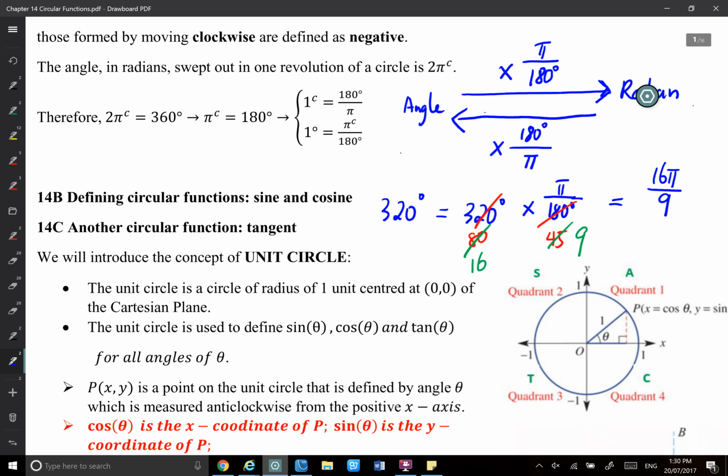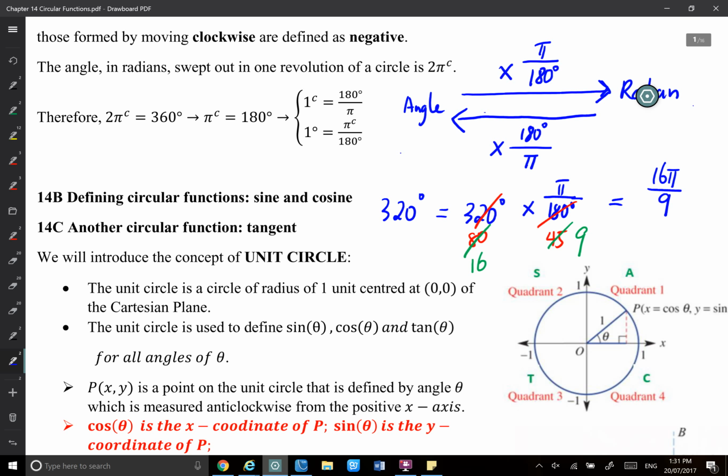If your calculator is in angle form, when you put a pi into a circular function, it doesn't mean pi radian, it doesn't mean 180 degrees. It will mean 3.14 degrees. If your calculator is in angle form, it cannot recognize pi as an angle. It will only recognize pi as a number.